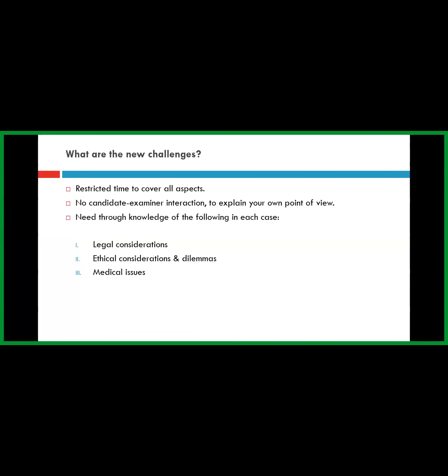Now, second, there will be no candidate-examiner interaction to explain your own point of view. This is the really difficult aspect which I am considering in PACES 23 clinical consultation. Say, for example, you are missing something. I give you an example. You are telling the son for the first time that the dad might have advanced cancer. And you feel that the son is feeling so low, or might be crying or weeping.